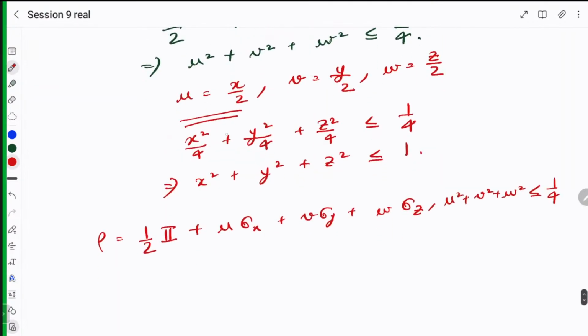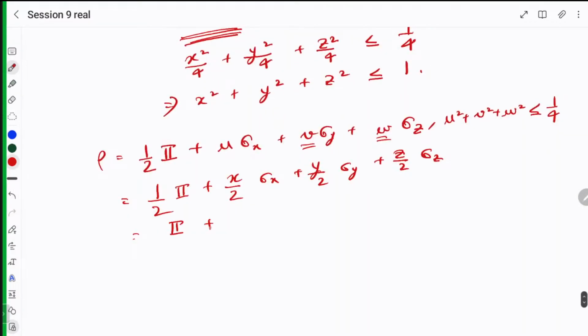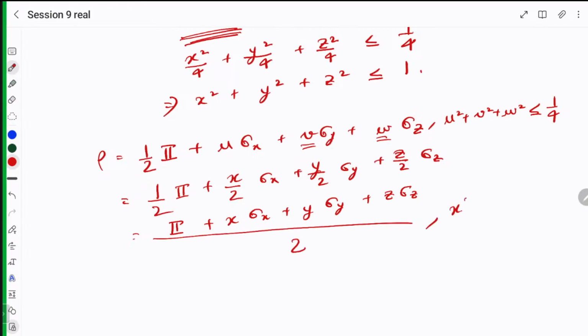Or you can just replace u by x by 2, v by y by 2, w by z by 2, in which case you would get x by 2 sigma x plus y by 2 sigma y plus z by 2 sigma z. So basically, I plus x sigma x plus y sigma y plus z sigma z, divided by 2, where x, y and z cannot be just anything. They have to follow this constraint that x squared plus y squared plus z squared is less than or equal to 1.